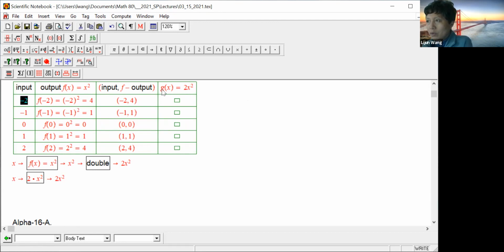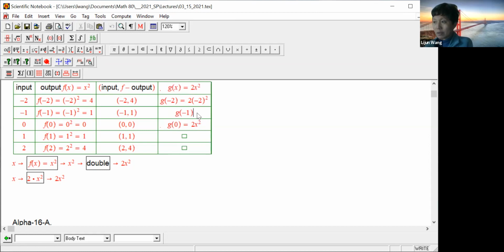For this input, what will be the output? Suppose the input is -2, and this input is -1, and this, of course, is 0. Let's work on 2 times -2 squared. Everybody needs to work on this, so you won't be confused with those little algebraic details. There's a lot of algebraic details we need to be able to handle.